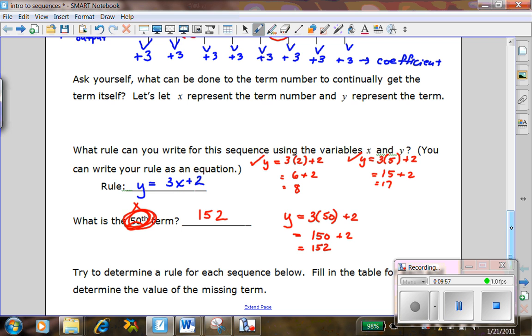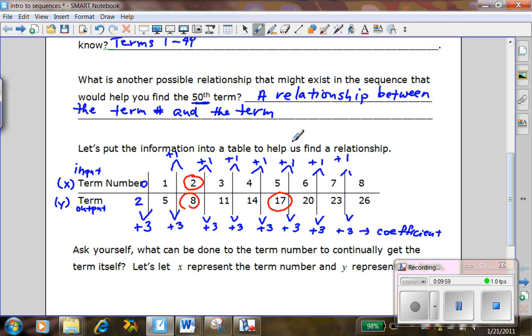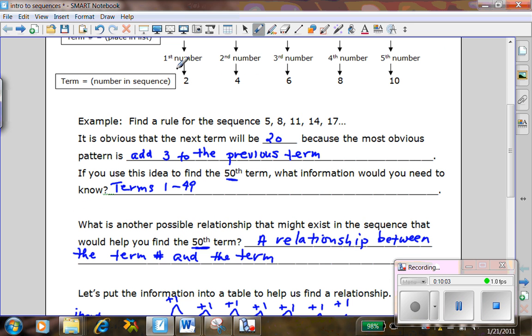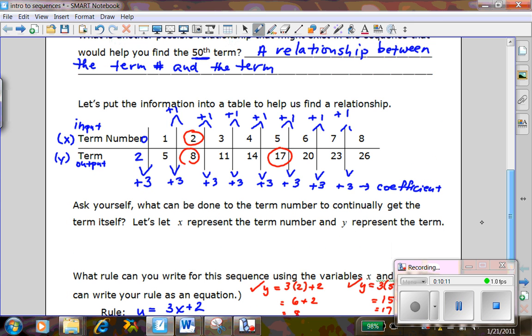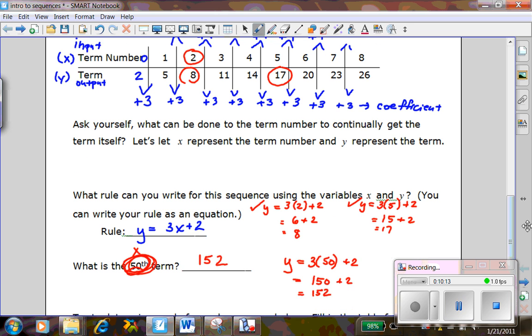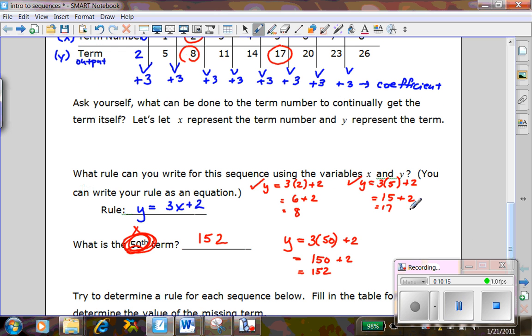Not too much different. Really, the main difference is the way the table is written and the way that your outputs are written, because they're written just as a list of numbers, a sequence, rather than in an input-output table. So use what you have learned from functions, apply that to your sequences. The rest of this is on your own.